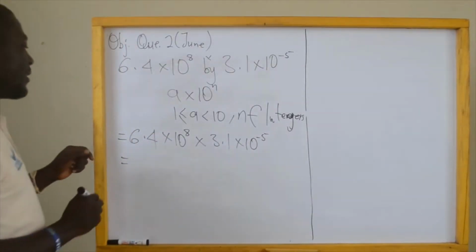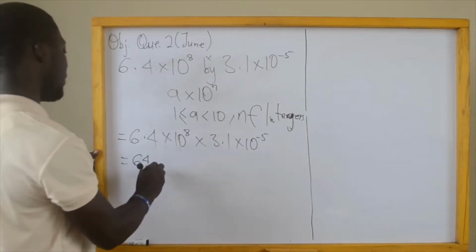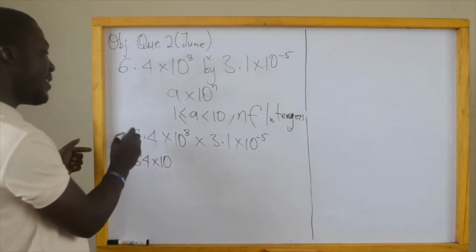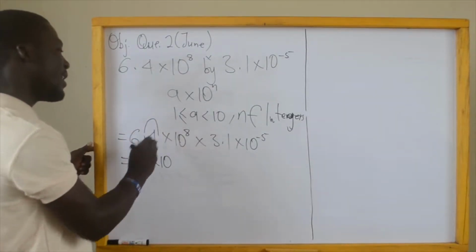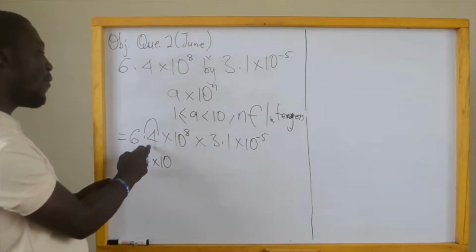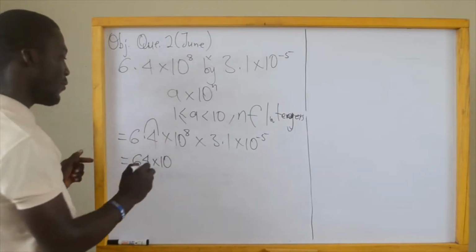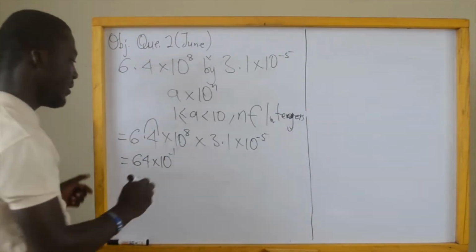We can rewrite the 6.4 as 64 times 10 raised to the power. Since the decimal point is here, I move one time to the right so that the 4 joins the 6. So moving 1 to the right, it's negative 1.